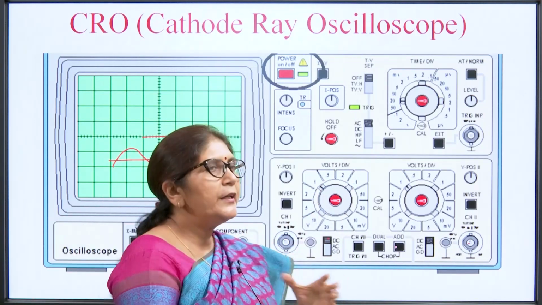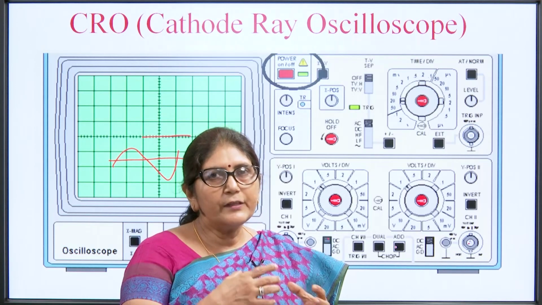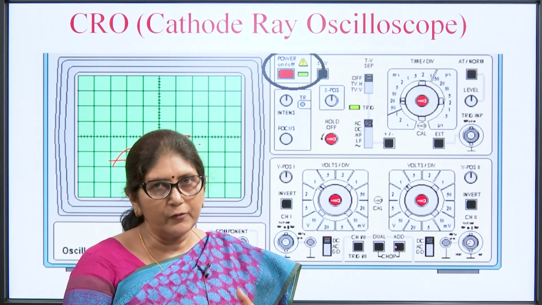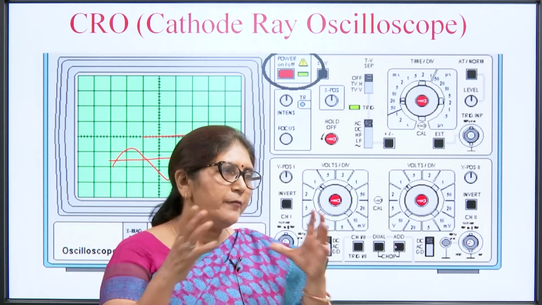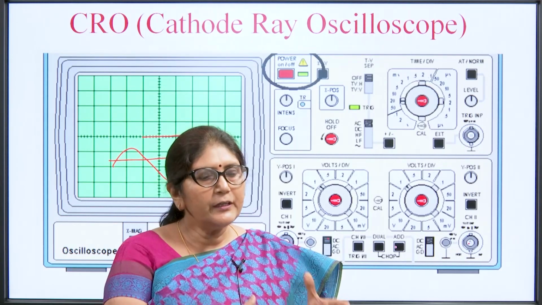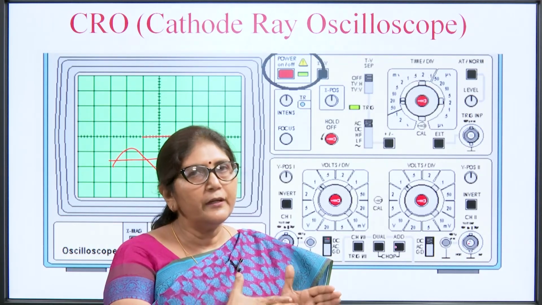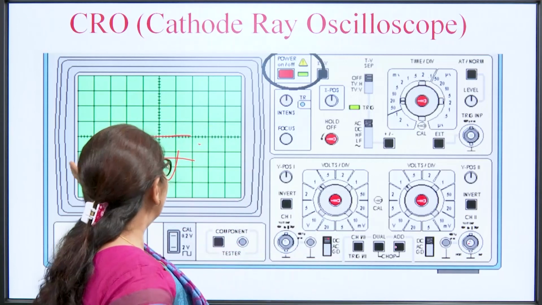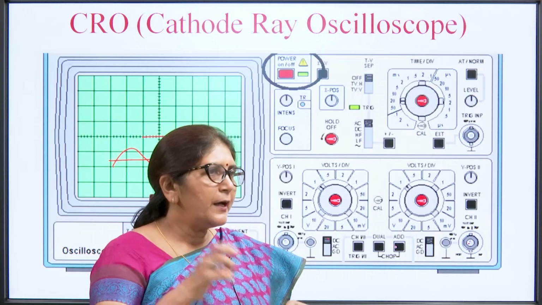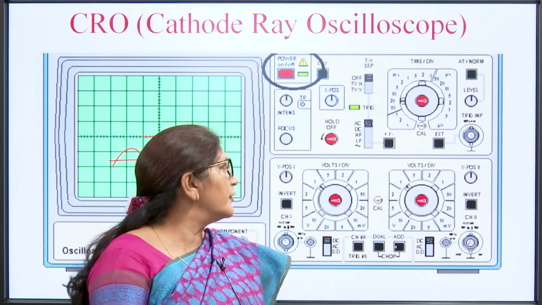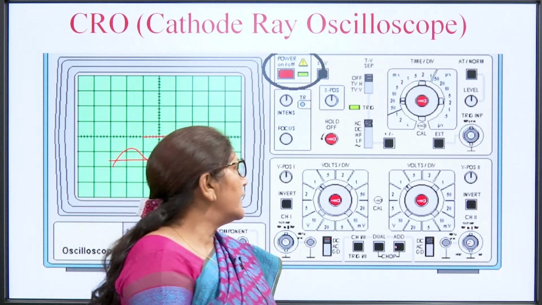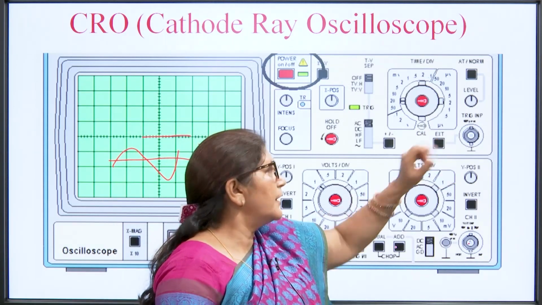Similarly, for triggering, basically the triggering pulse is applied from inside the CRO. The CRO has a circuit that generates the sawtooth wave. The sawtooth wave signal is used to move the electron beam from left to right. If we want to apply a synchronous signal externally, at that time we will press this external switch.